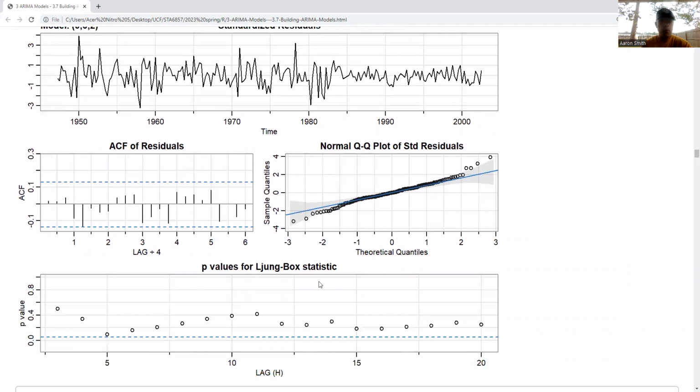And now here, this is a test for the p-value. This is a hypothesis test considering the lag values 1 through capital H of the autocorrelations. What could happen is that if I look at my autocorrelation function, I could have all these teeth be just a little bit short of crossing the dashed line, up top and below.